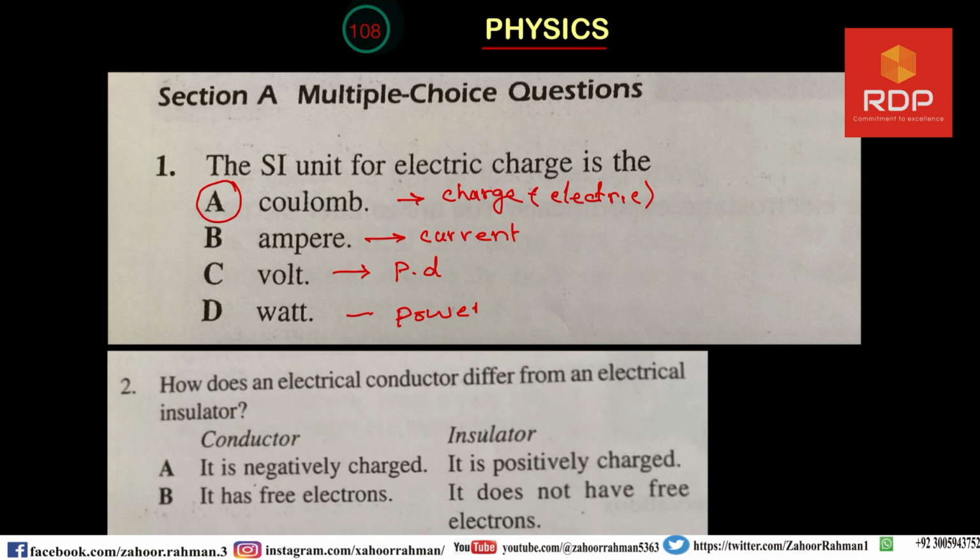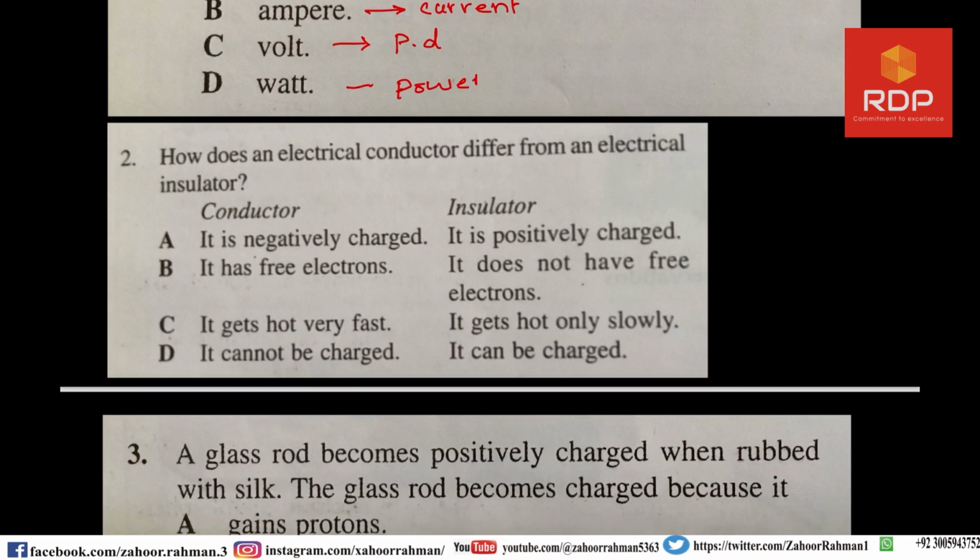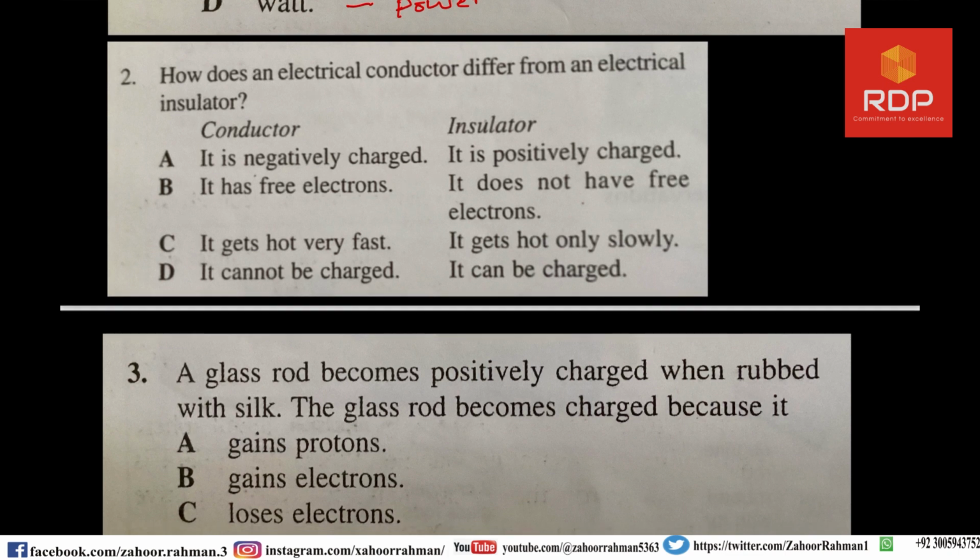Now let's turn our focus to the second question: how does an electrical conductor differ from an electrical insulator? Dear learners, if you remember, we described these two terms in greater detail in the theoretical portion.